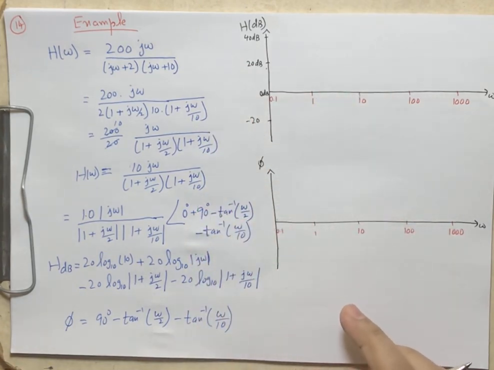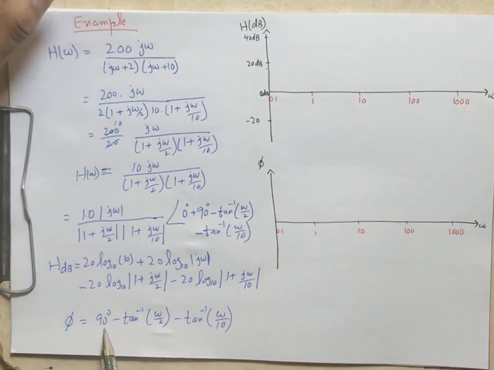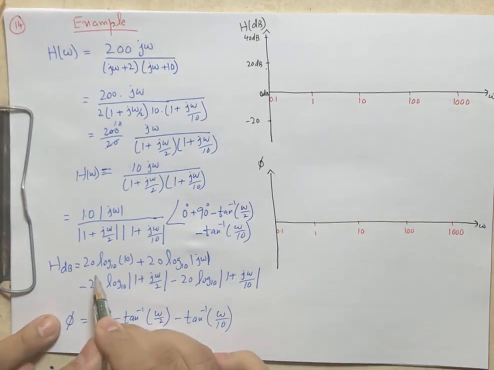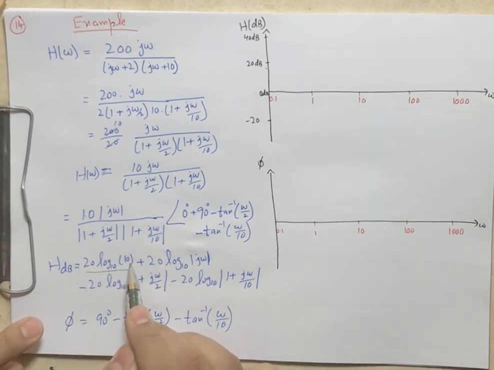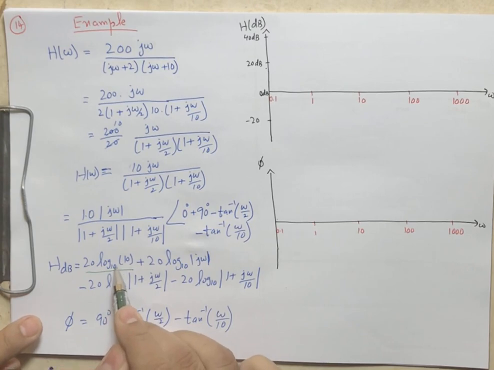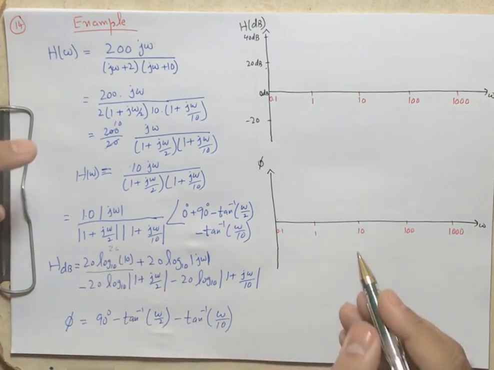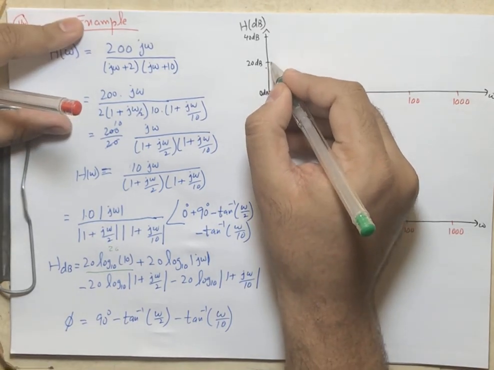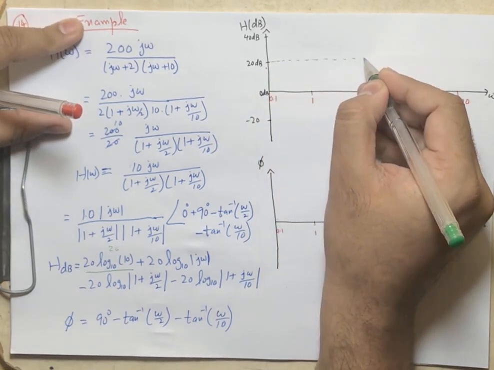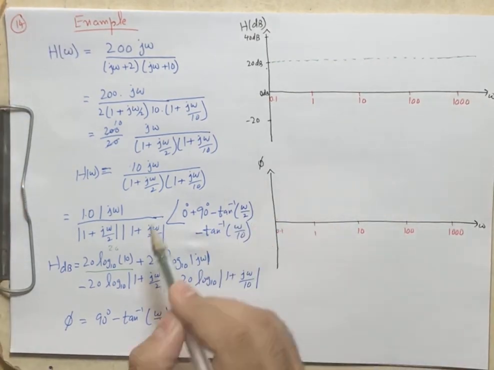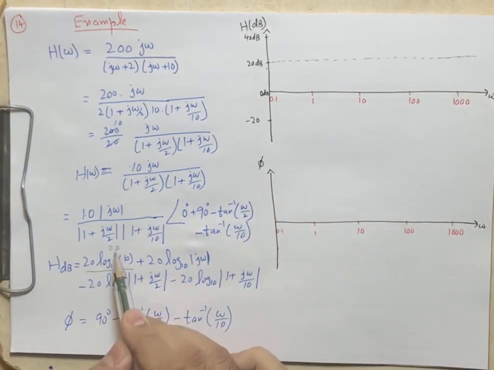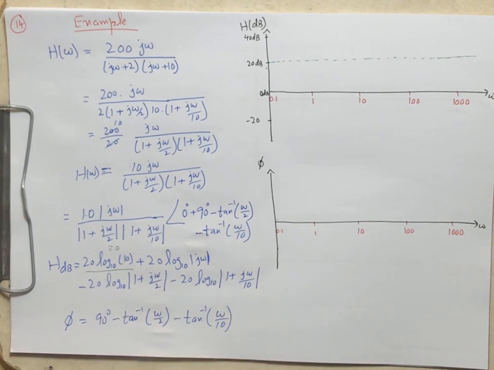The first term is this constant: 20 log 10 of 10, which is equal to 20 times 1, so its answer will be 20 dB. So I have a positive 20 value for all the values of omega for this constant term.